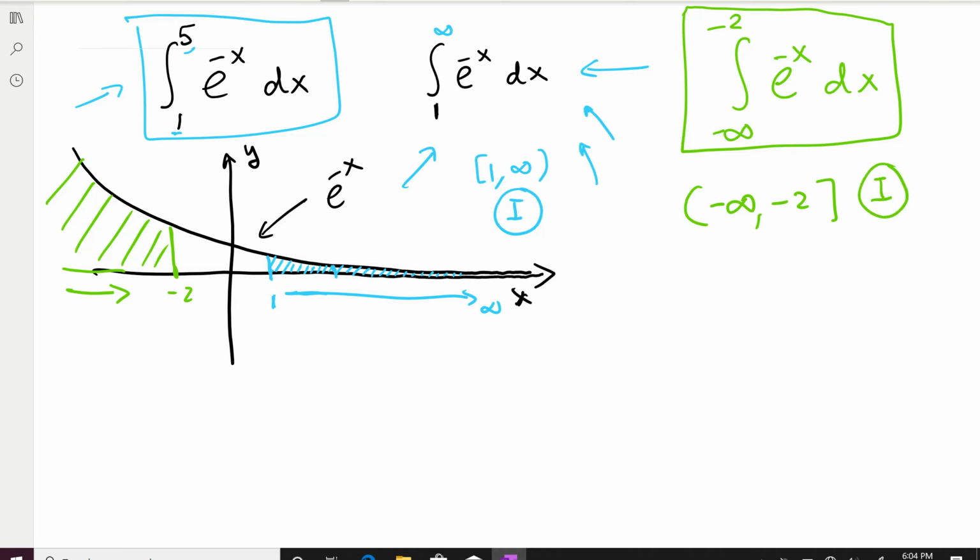Great. Let's do one more example. How about the integral where you have to integrate e to the negative x from negative infinity to infinity. Now this is even worse. Now you are asking me to find the area under the curve e to the negative x bounded by the entire x-axis.